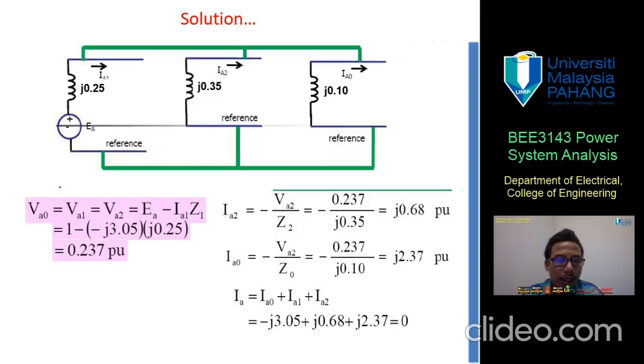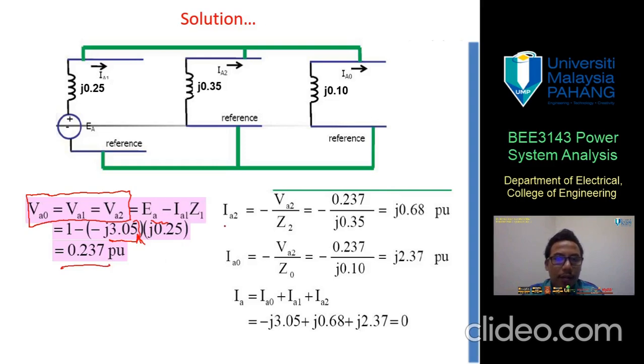After we get IA1, we solve VA0, which equals VA1 equals VA2, like we learned in the theory part, where it is EA minus IA1 multiplied with Z1. We simply substitute the values, this time with only two decimals, and we get VA0 equal to 0.237.